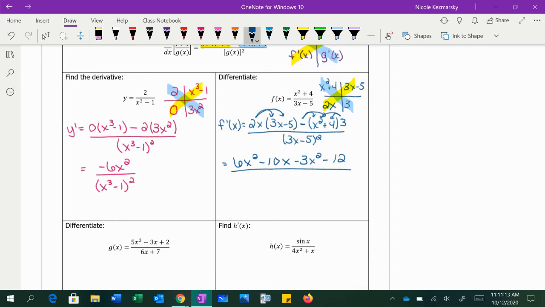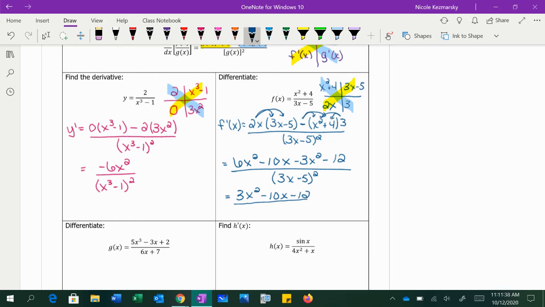And I'm going to divide that by 3x minus 5 squared. Notice I'm not expanding the bottom. And then in the top, I look for my like terms. So I've got 6x squared minus 3x squared. So that's 3x squared. Then I've got a minus 10x and minus 12.